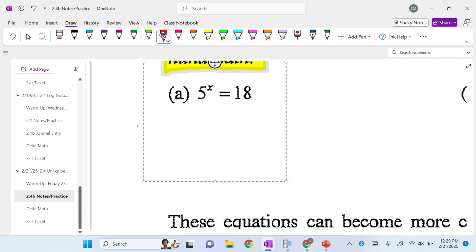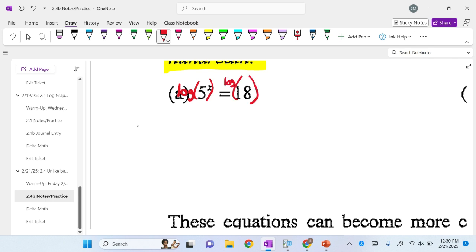So again, my very first step is to just take the log of both sides. You can do that just like you can multiply something to both sides or divide something from both sides. As long as you do it to both sides to keep it balanced, it's completely fine. So we now have log of 5 to the x is equal to log of 18. Now, I need to get the x out of the exponent. What did I say I can do? How do I take care of that x in the exponent? We bring it down to the front.